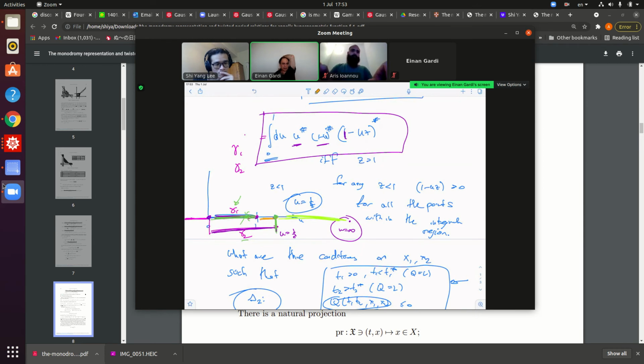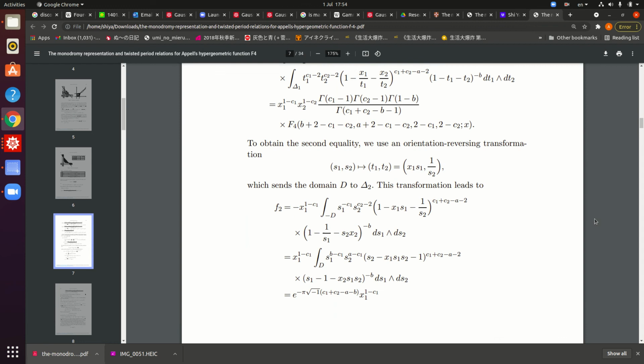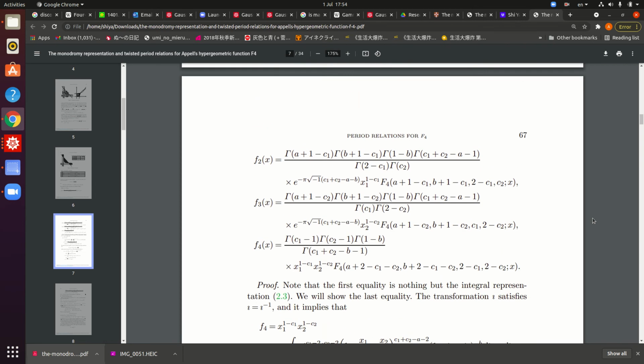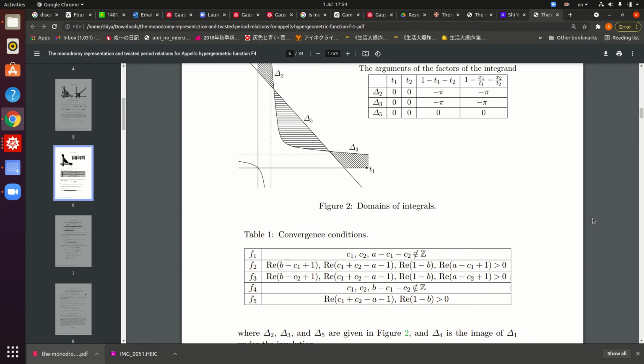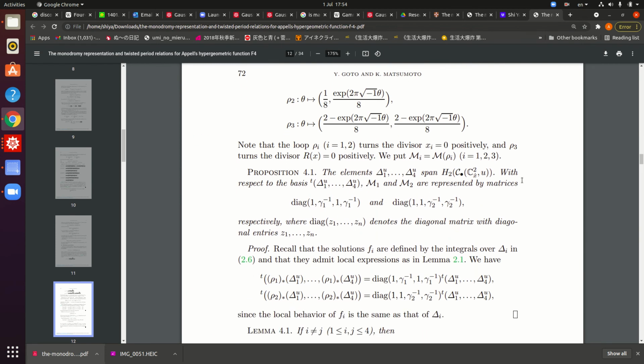Let's see. Okay, what they say: if C1 and C2 are not integers, then the Appell F4 with U contained in capital X. What is capital X?